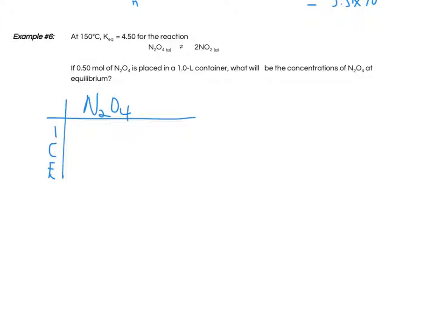So N2O4 reacts to make 2NO2, and that is balanced. Always good to double check. So they're telling me that I have 0.50 moles in 1 liter, so that tells me my concentration. And as always, I'm going to assume that anything that I'm putting in my ice box is in units of moles per liter.